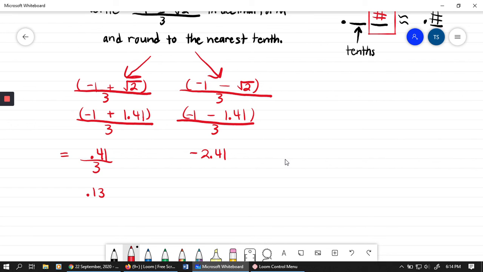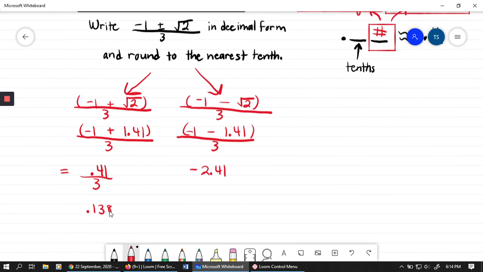I'm paraphrasing here, but I have enough digits to be able to round to the nearest tenth. So it's somewhere roughly around 0.13 or 0.14. It's closer to 0.14 though. And then here, when you divide negative 2.41 by 3, you get 0.83 repeating, where the 3 is repeating exactly.